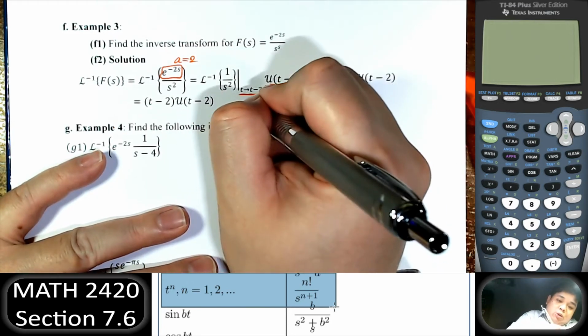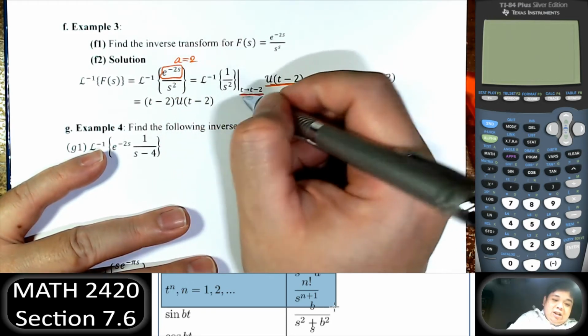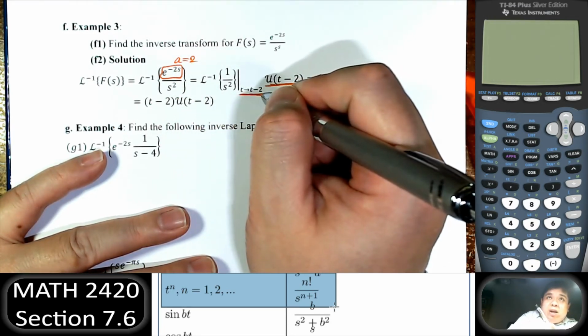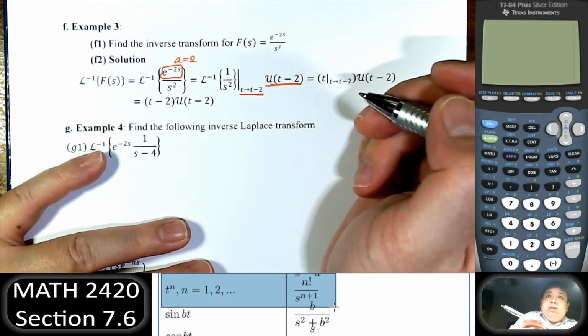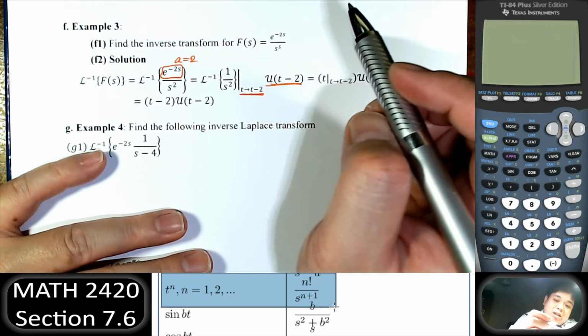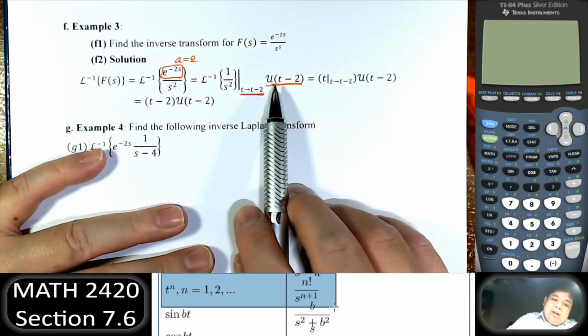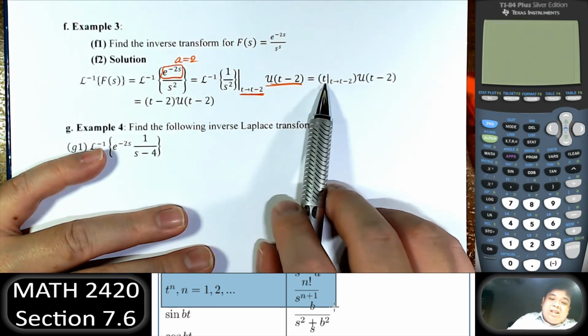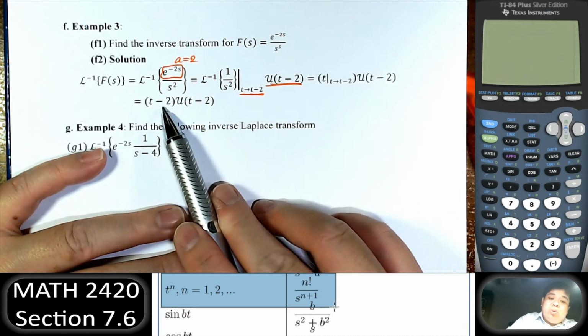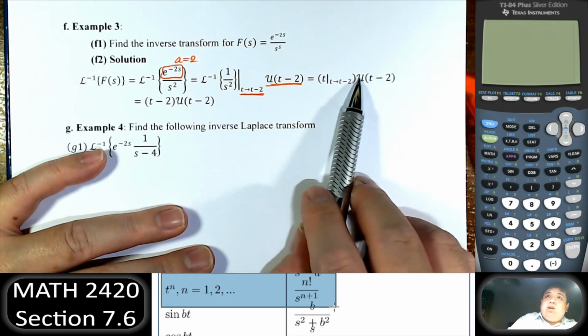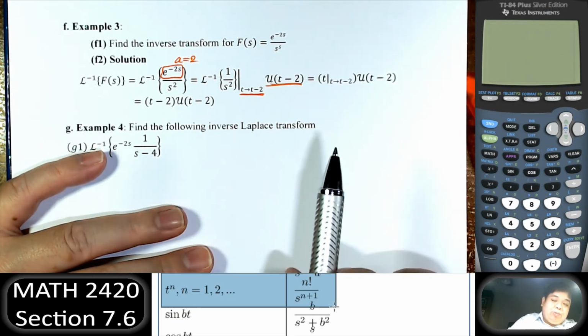So we do 2 steps here. This is t replaced by t minus a, and then times unit step function u of t minus 2. So the transform of 1 over s squared is t, and then at the end we have to replace the t by t minus 2, and then the unit step function u of t minus 2.